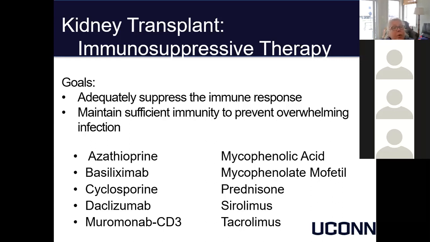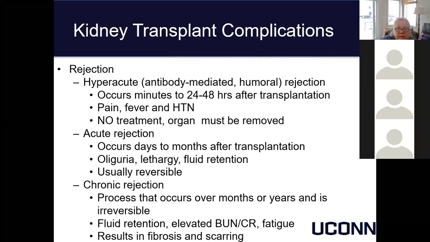They may be on more than one because they act somewhat differently. You want them to be immunosuppressed to prevent rejection, but we want the body to still be able to fight off other overt infections. So it can be a delicate balance, trying to figure out exactly where they need to be from an immunosuppressant perspective.